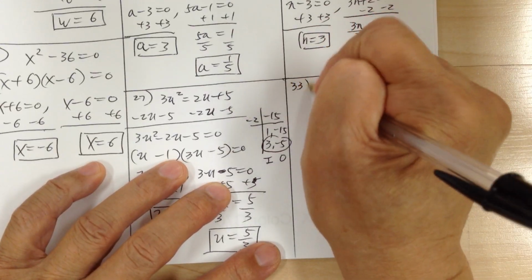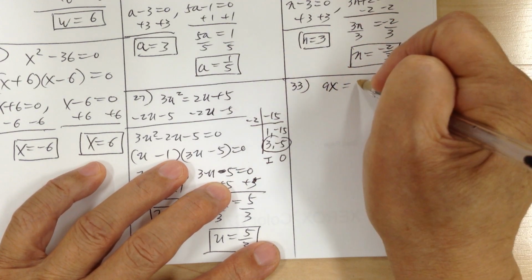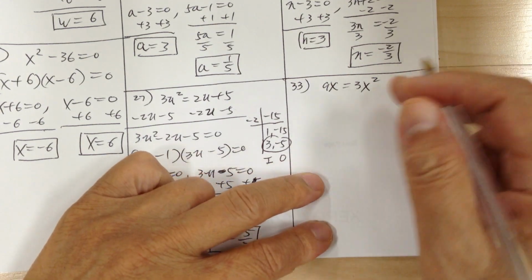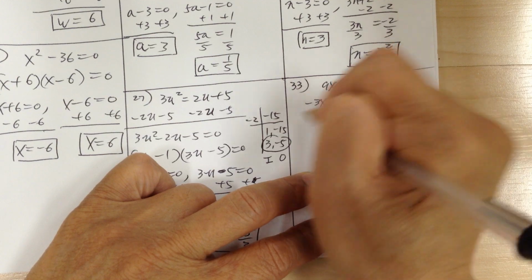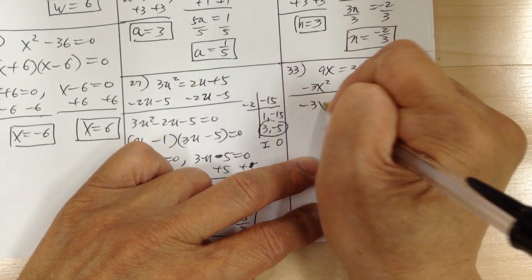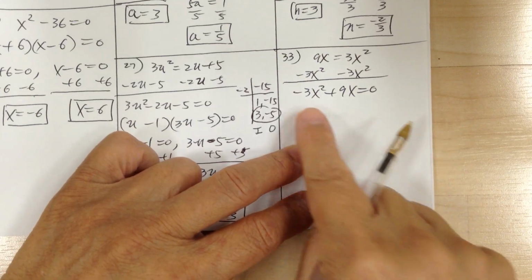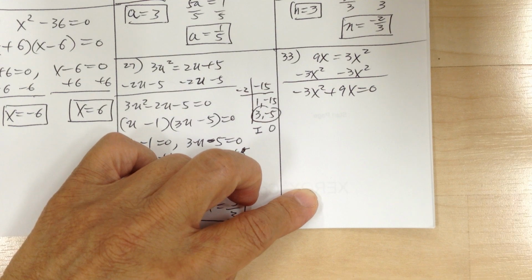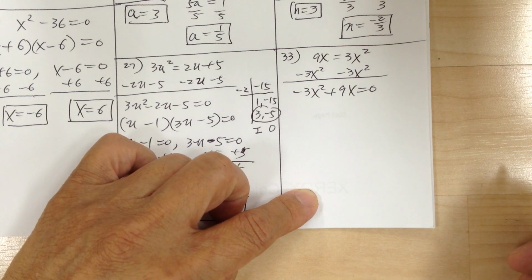Number 33. You have 9x equal to 3x squared. You can move this over to this side, so minus 3x squared on both sides. So you're going to get negative 3x squared plus 9x equal to 0. Now notice there's a negative and there's also a number. So again, you can either multiply or divide by something to simplify the numbers.